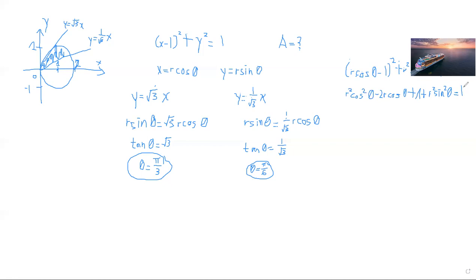The 1 and 1 cancel out. r squared cos squared theta plus r squared sine squared theta is just equal to r squared, minus 2r cos theta is equal to 0. Divide both sides by r. I told you r cannot be 0. So r simply equals 2 cos theta.